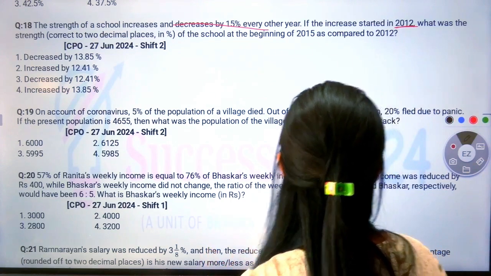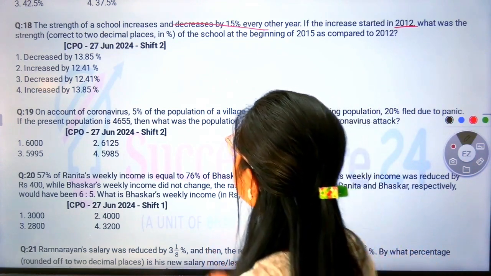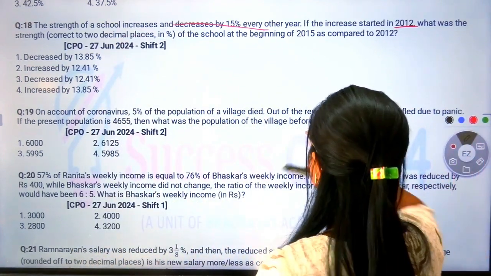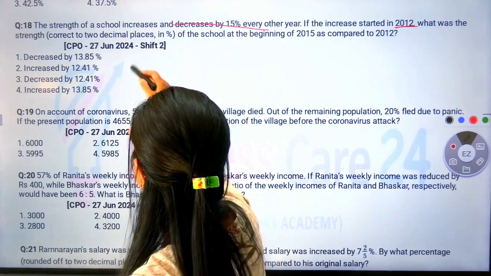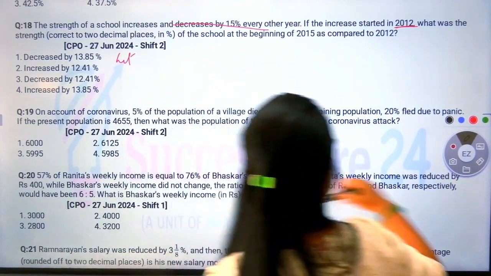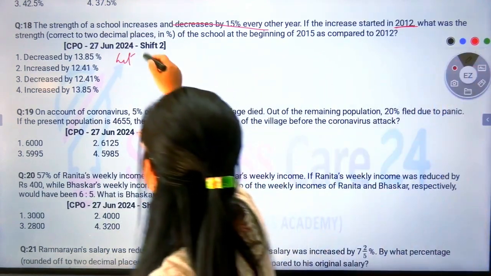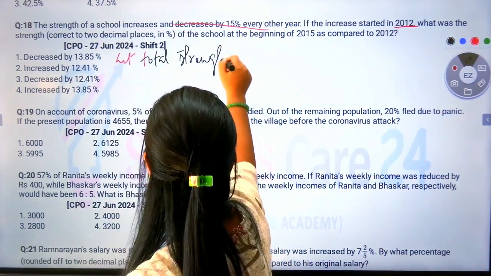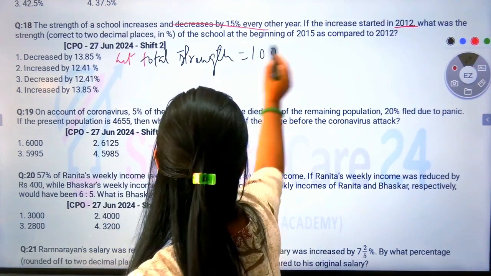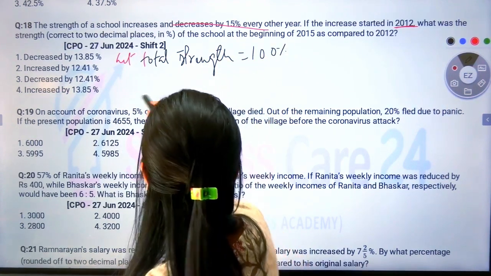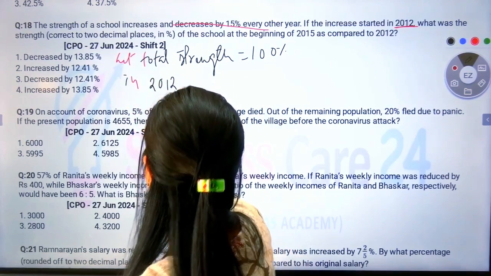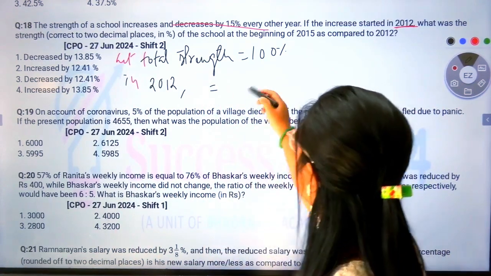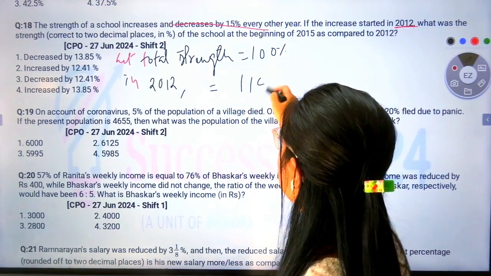The increase started in 2012, so what would the increased value in 2012 be? Let us consider the total strength to be 100. Then in 2012 there is a 15% increase. 15% means upon 100, 15 is increased, so 115.